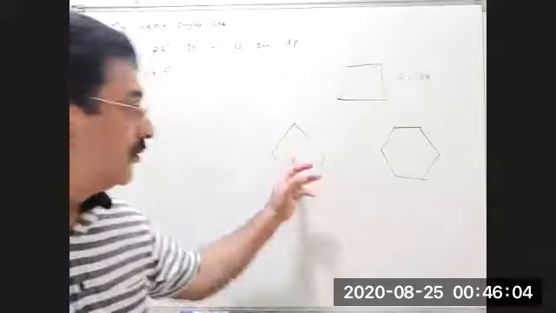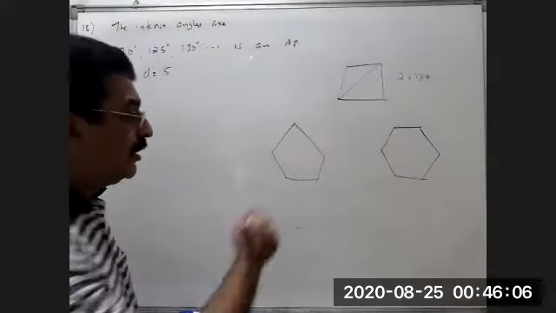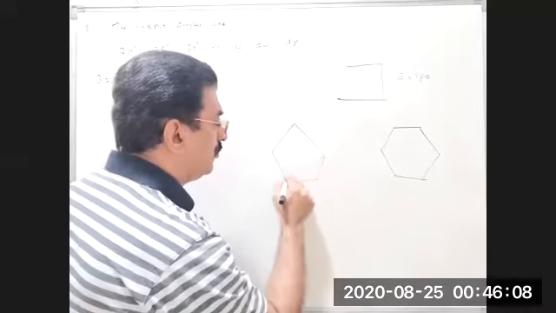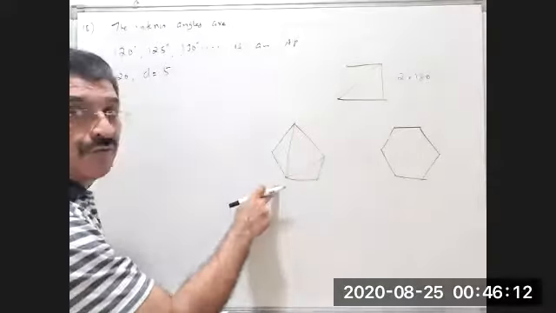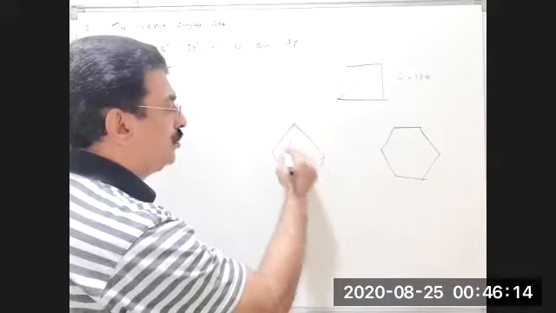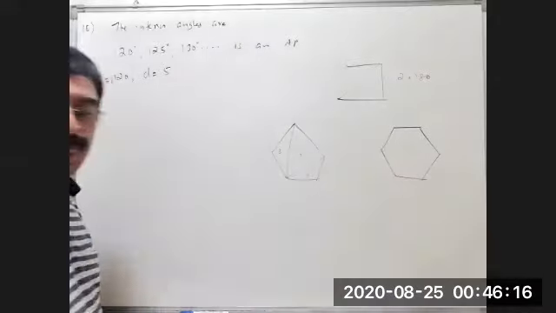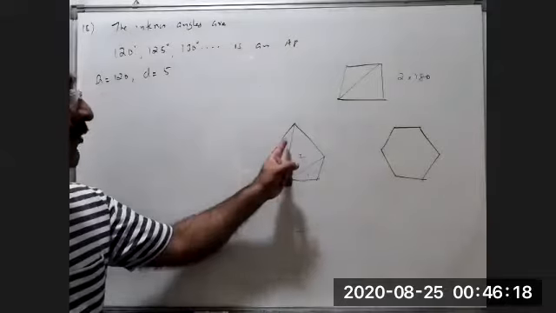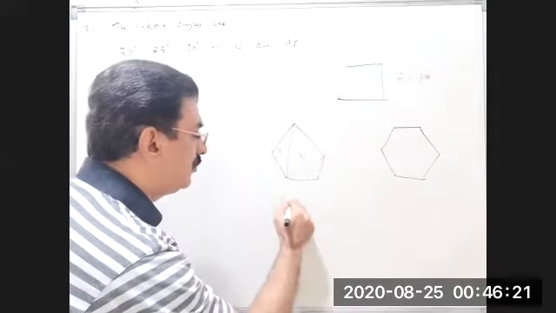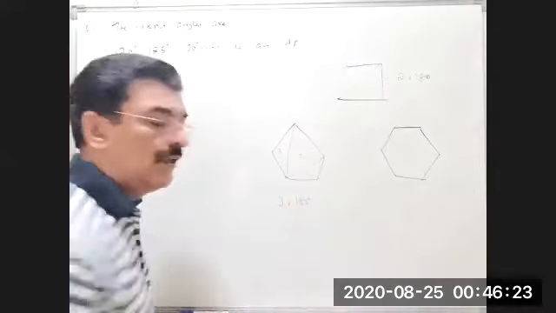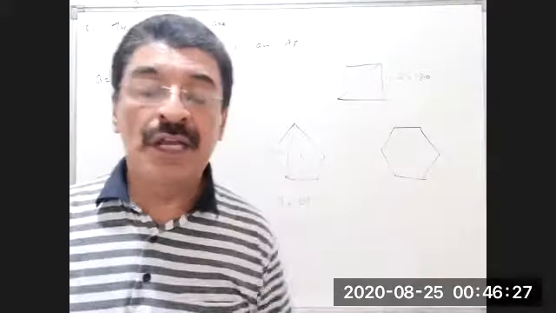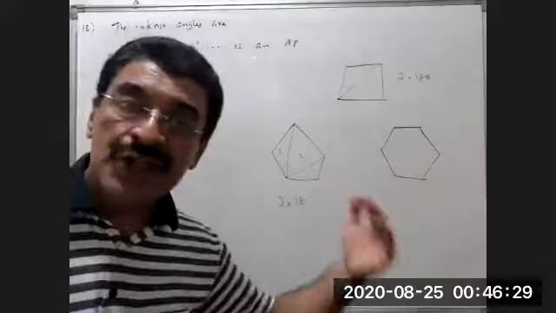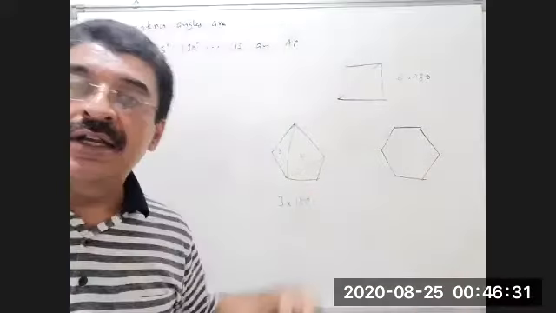Pentagon: already joined to one vertex, we can see we have 3 triangles. So a pentagon with 5 sides, it is 3 into 180, because we can divide it into 3 triangles, each with 180.